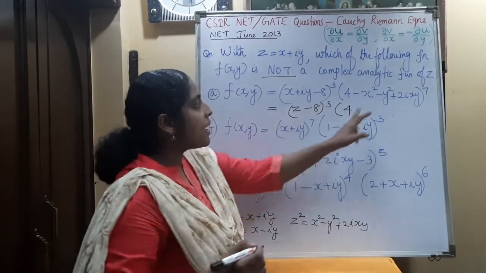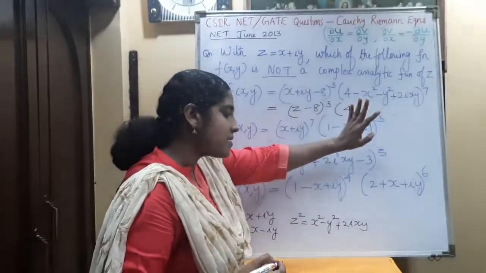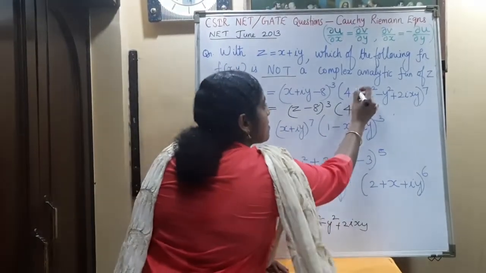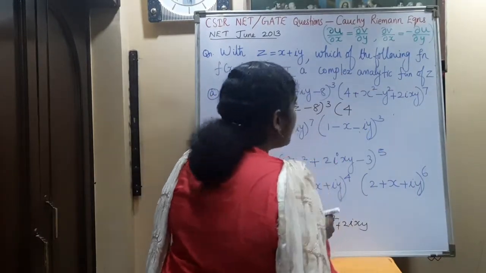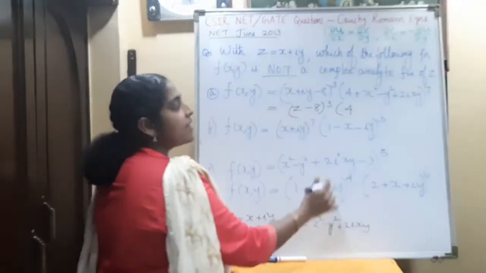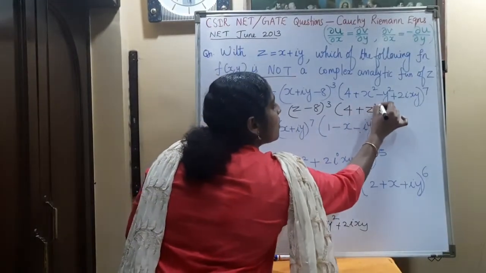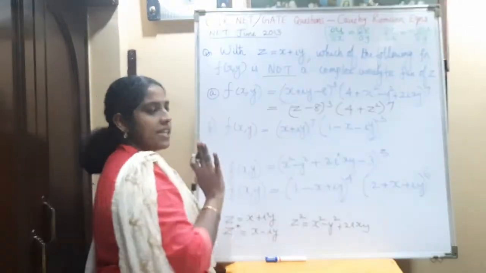Here it is plus X square minus Y square plus 2iXY. Sorry, this is plus X square in the option. So this is X square minus Y square plus 2iXY, that is Z square. This function does not contain a Z star term, so it is analytic.